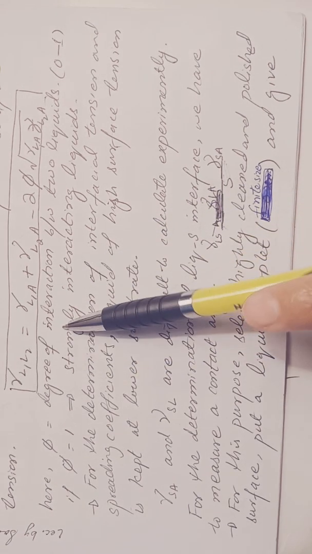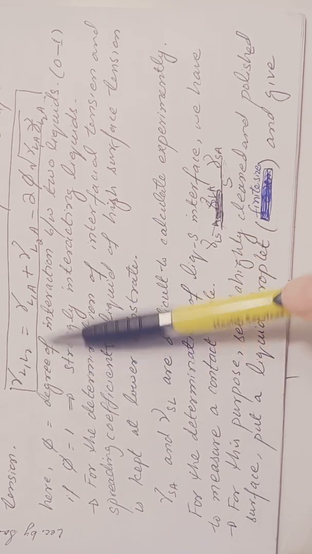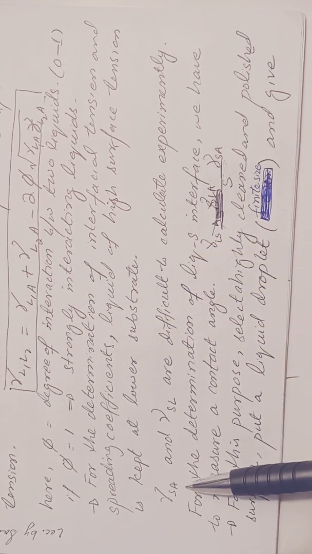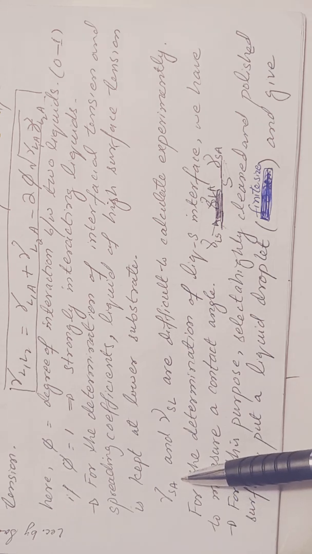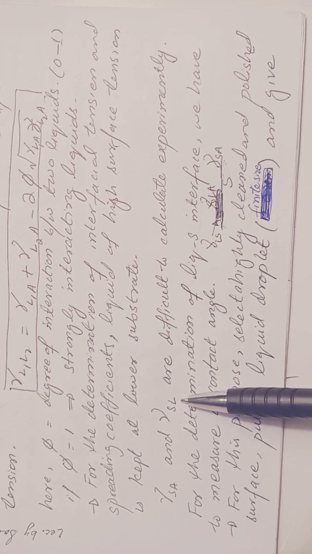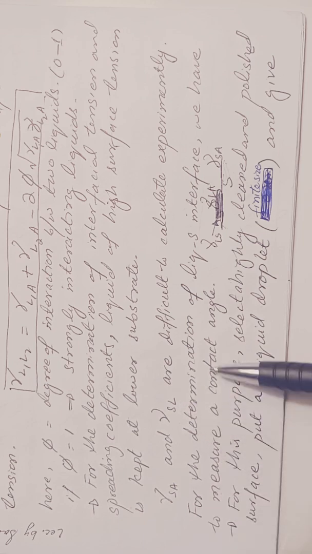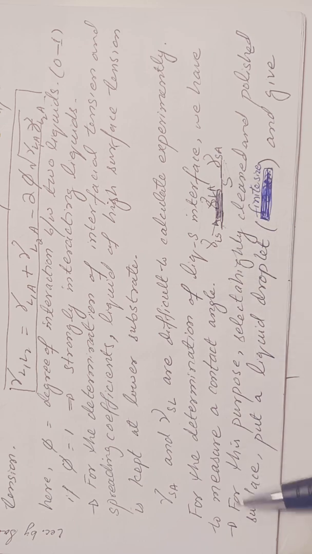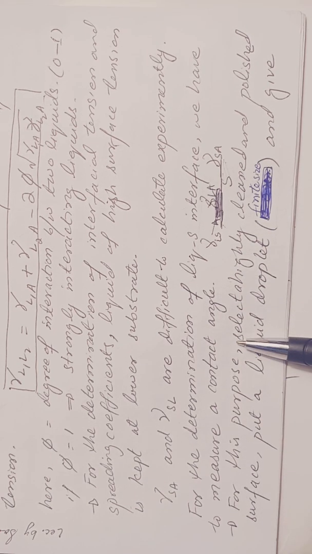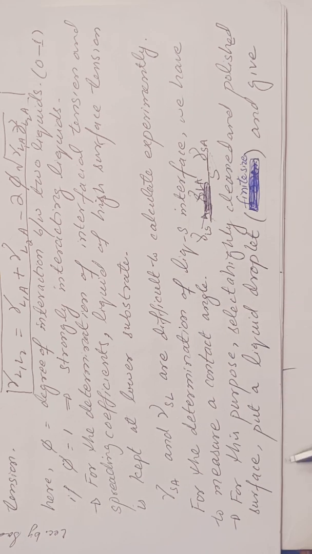For two liquids, the interfacial tension can be calculated using this formula, but another problem is the calculation of the solid-air tension as well as the solid-liquid interfacial tension. For the determination of the liquid-solid interface, we have to measure a contact angle. It means we have to place a drop of a liquid on a surface.